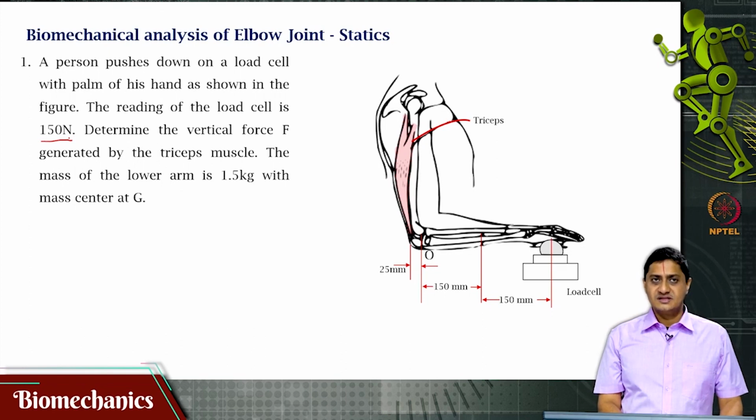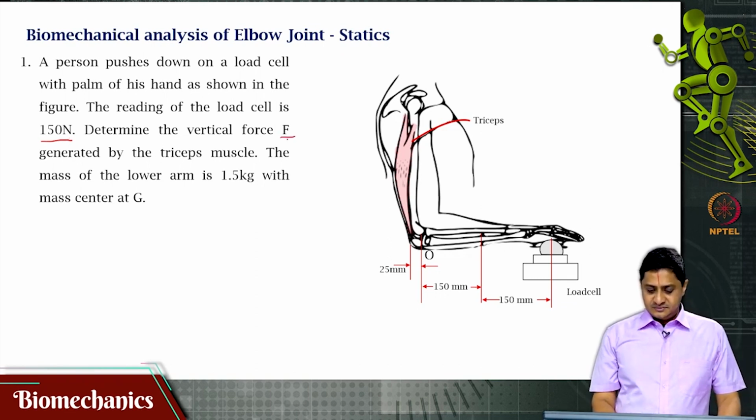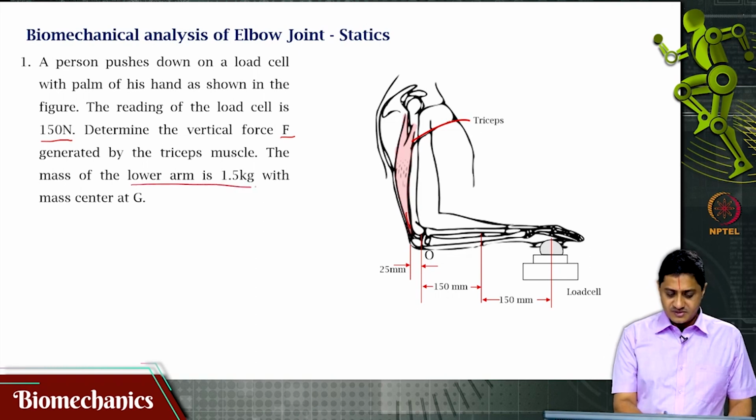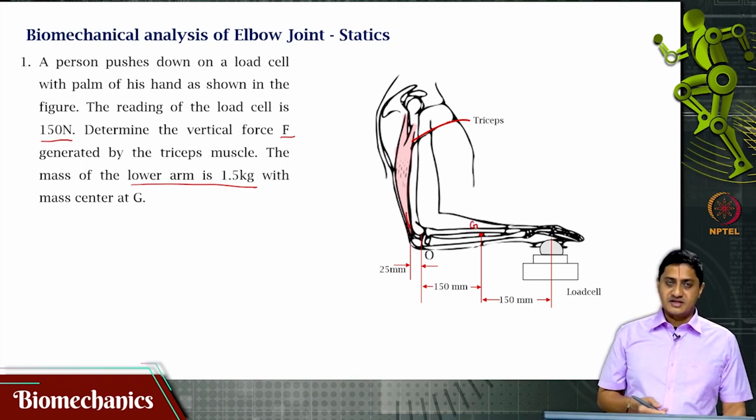The question is, find the vertical force F that is generated by this muscle, the triceps muscle, that is responsible for producing this movement or action. The mass of the lower arm is 1.5 kg with the mass center at G. It is not given, but that is the point G. I am marking it for you.